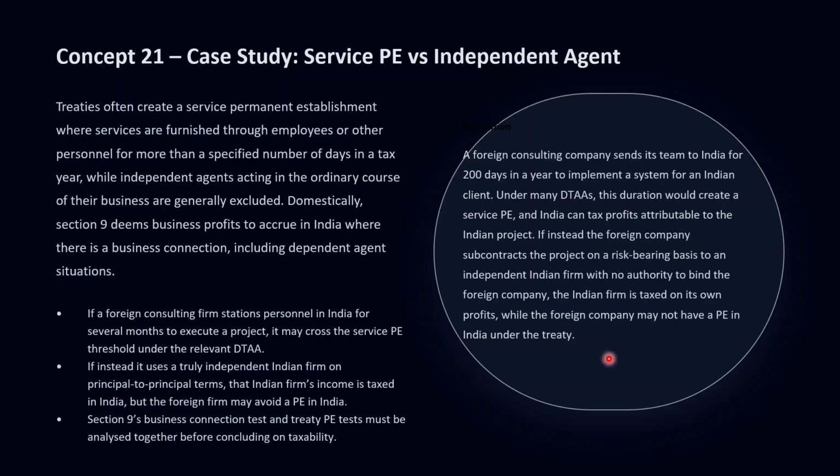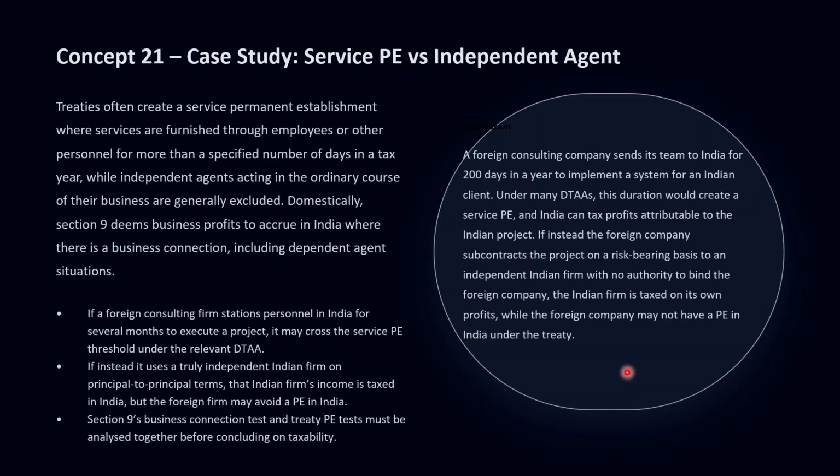So if we see an example here, imagine a US consulting company that deploys a team to India for say a 9 month period for an ERP implementation project. So under a typical treaty where service PE is triggered beyond 183 days, this would create a service PE and India can tax the attributable profits.